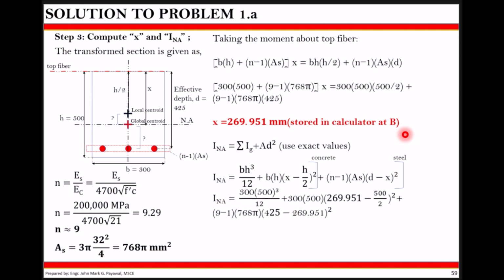Remember that you have to use the exact values. Inputting those values would result in this equation, and therefore, my INA, or inertia at neutral axis, would be 3648.729 times 10 to the 6 millimeters to the 4th. And let's store that on C of our calculator.